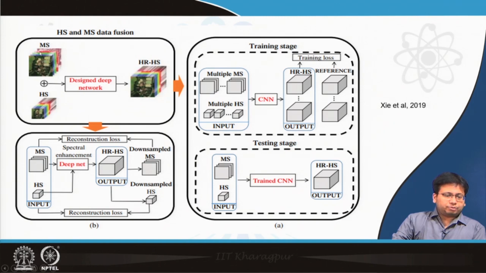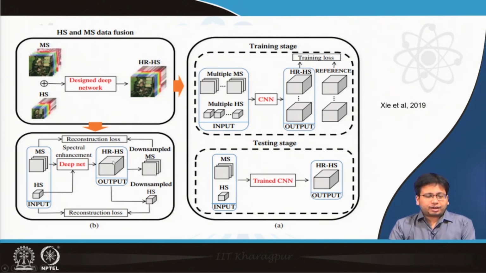The input is the MS and HS images, both of them simultaneously provided as inputs to a deep network, whose output is going to be the HRHS image. Once the HRHS output is provided, for any learning problem the most important thing is to construct the loss function, which measures the quality of the output obtained.